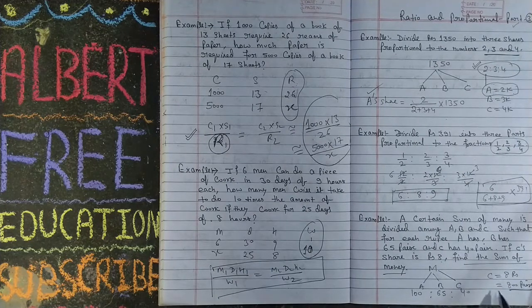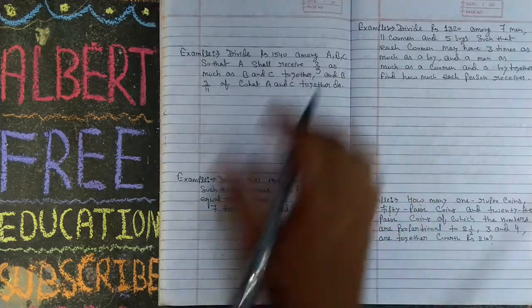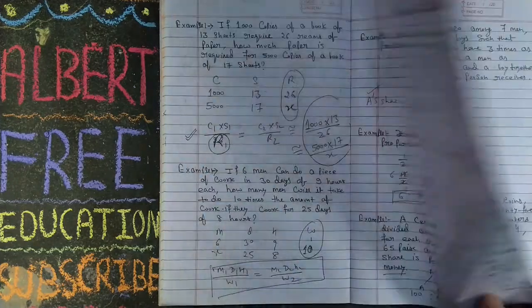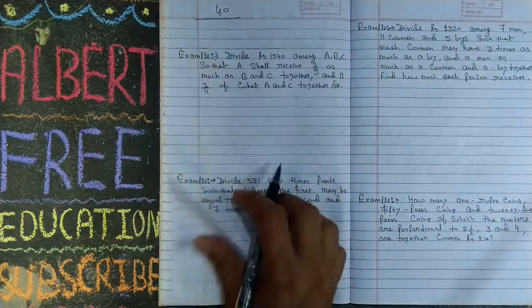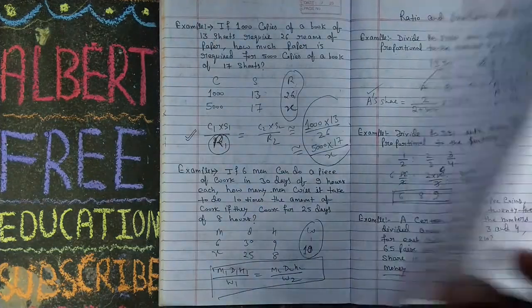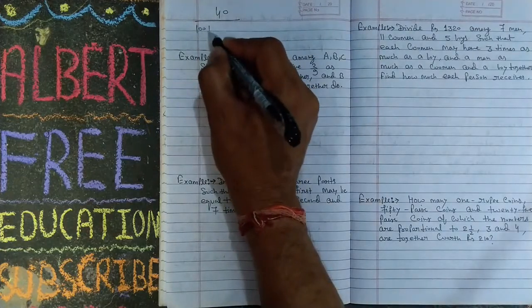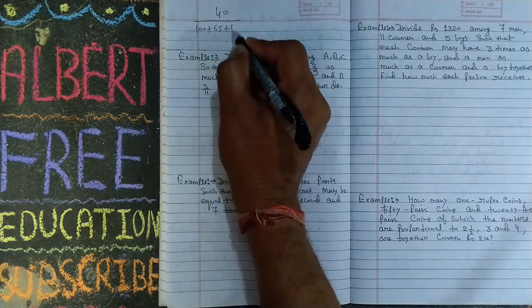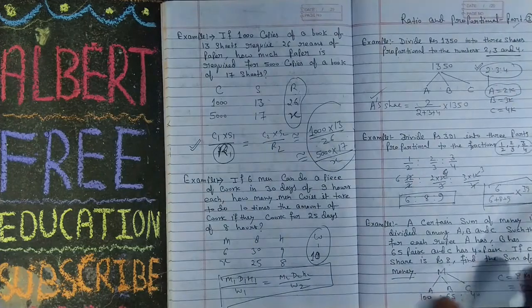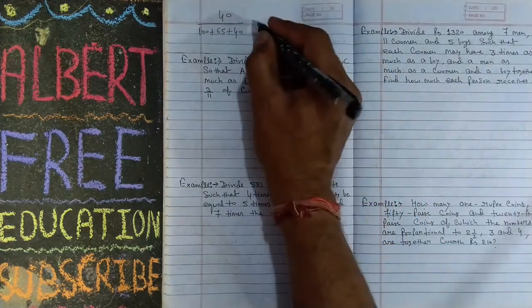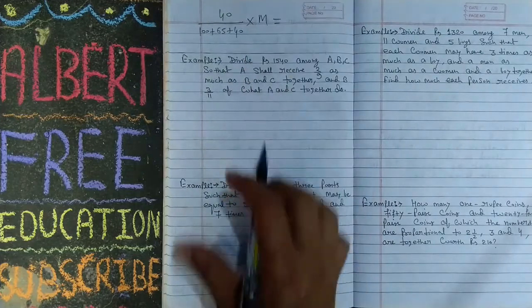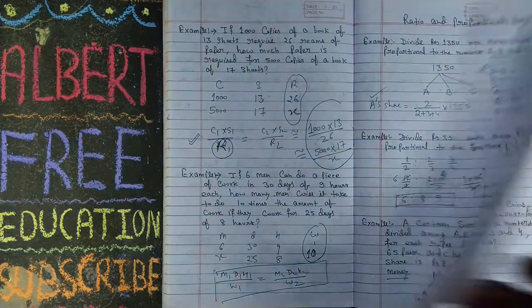The money of C is 40 upon the sum of the ratio, 100 plus 65 plus 40, into the money, which I don't know, and this is equal to C's share, 800 paisa.